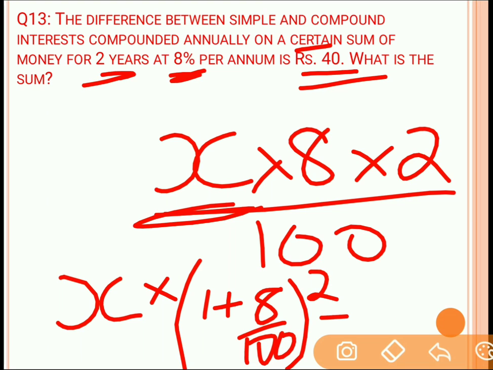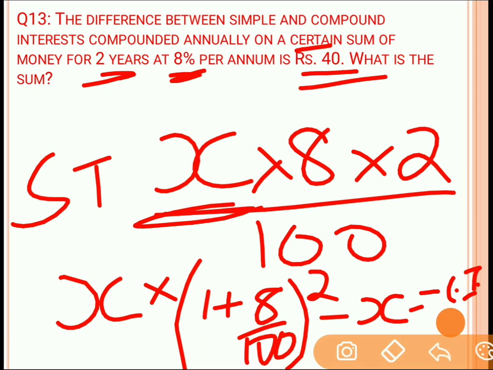So if we deduct the principal from the amount, you will get the compound interest. This formula is related to simple interest. Now the difference between compound and simple interest is 40 rupees. So from this equation we will find out the value of x.